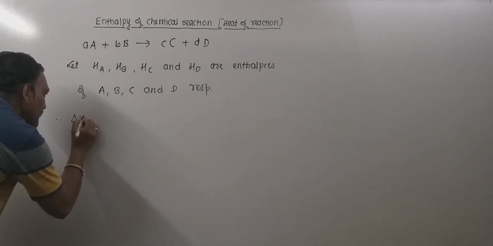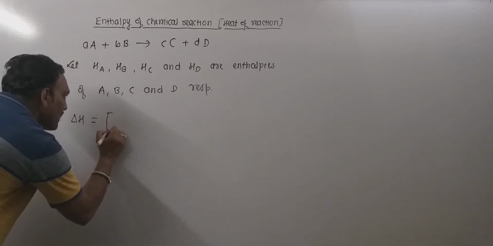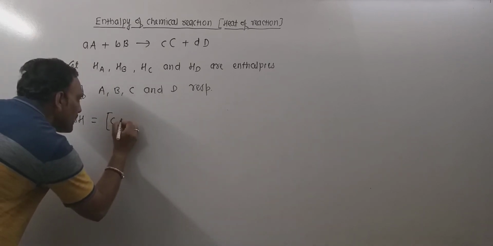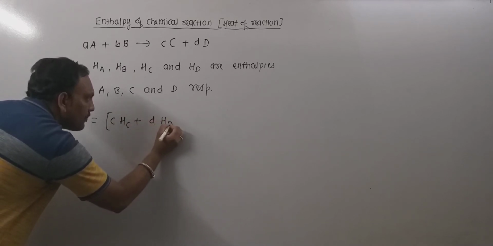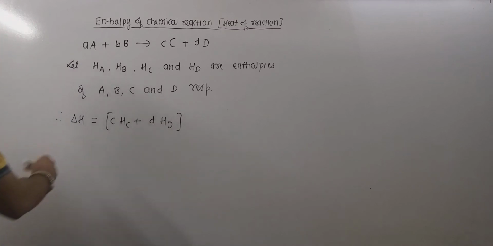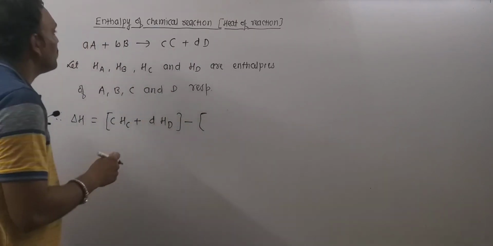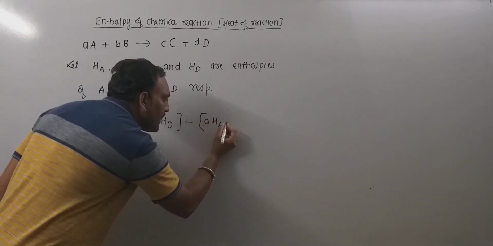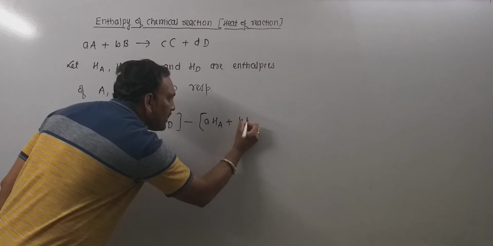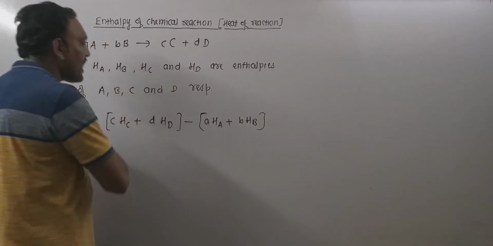Say delta H is the enthalpy change of the reaction, then it can be given as c times the enthalpy of C plus d times the enthalpy of D. This gives the total enthalpy of product. Now minus the total enthalpy of reactant, which can be given as a HA plus b HB. This is the total enthalpy of reactant.